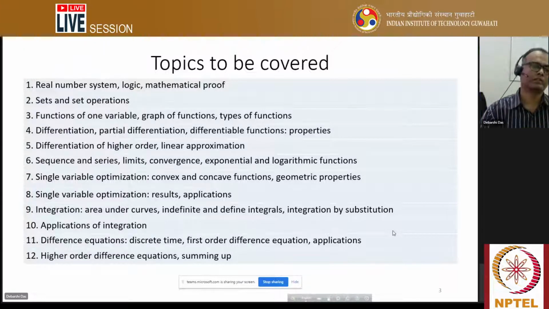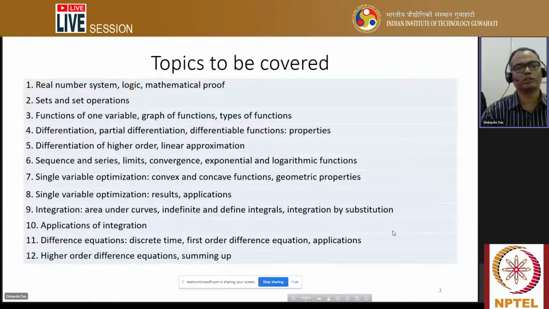There could be other topics also which we did not cover. For example, differential equations. We covered difference equations, but differential equations are also important when we take time to be continuous, because in difference equations, time is taken to be discrete. In economics, it is quite logical to consider time as discrete periods, because when we talk about, say, a financial year, one financial year to the second to the third, these are discrete time periods.